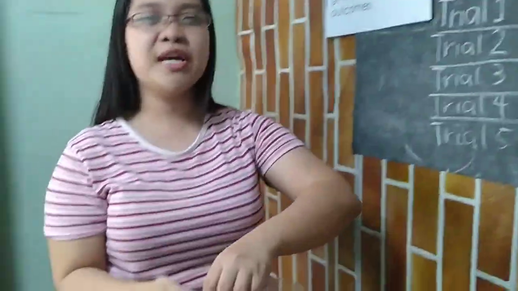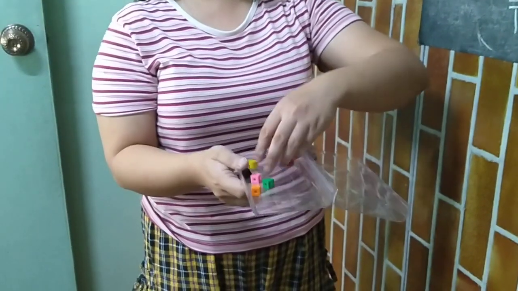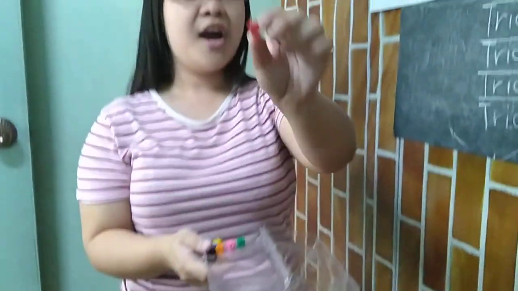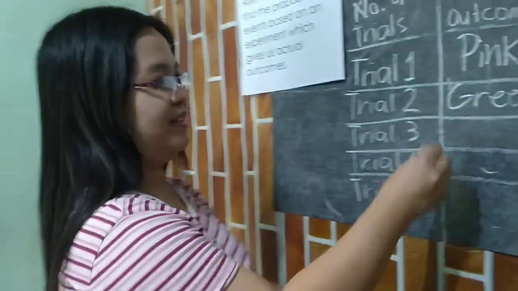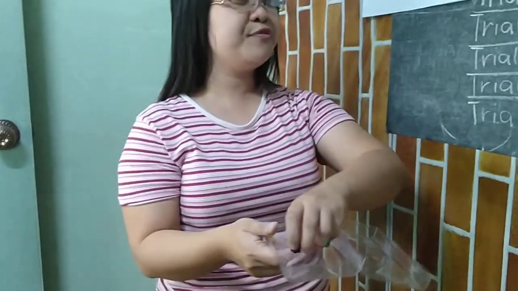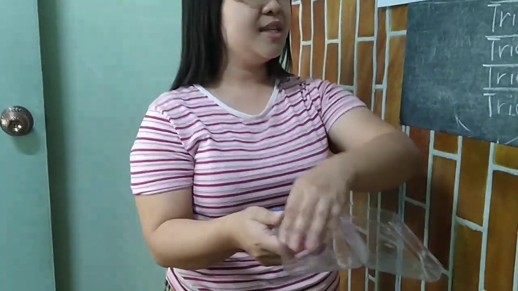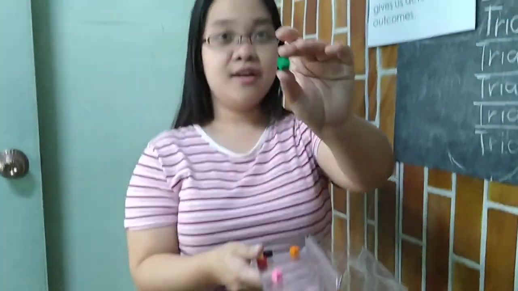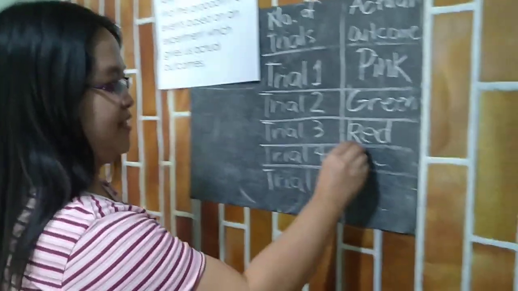Okay, now let's try another one for trial number 3. So I have here red. Okay, now, how about for trial number 4? So I have green again.